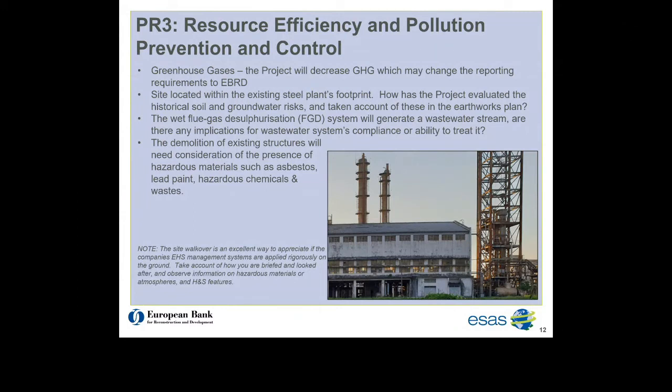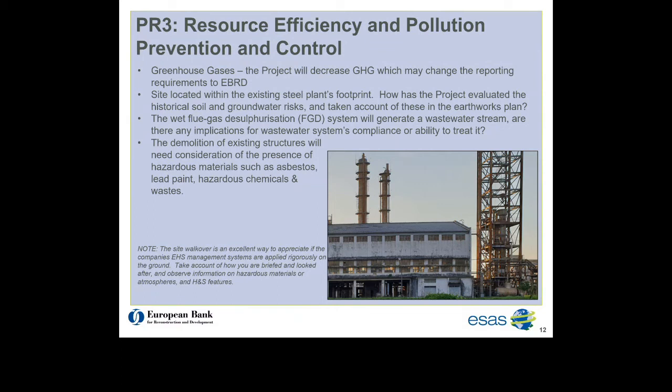We also wanted to evaluate how the project, which was sitting within the existing steel plant's footprint, would have an impact on existing, current, or historical soil and groundwater contamination, and whether there was a need for a management plan to deal with that contamination and take it off-site to be disposed of or treated.